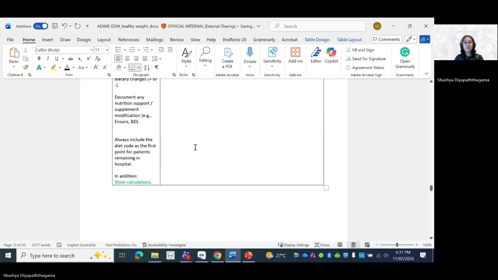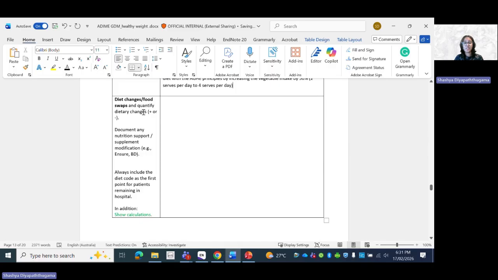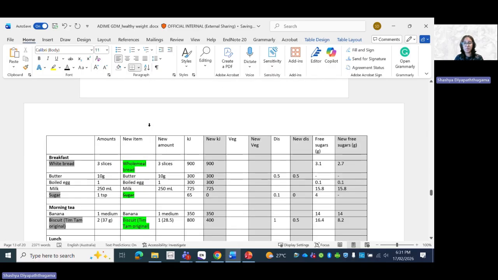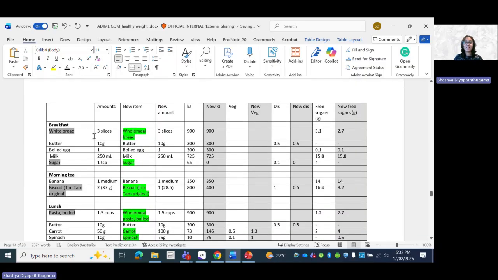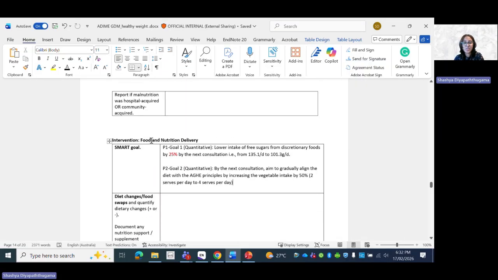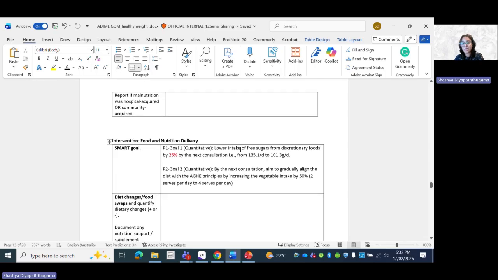Then I'm trying to show the diet changes or the food swaps I would be doing. So these can be different from person to person, and these are the ones that I thought would work, but somebody else can do things slightly differently. So one of my goals is to lower the free sugar intake. That is one. And I'm trying to increase the vegetables.